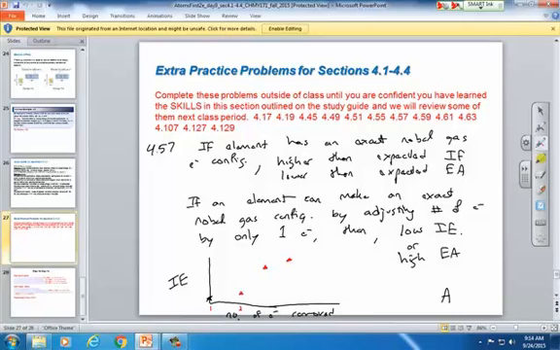So if you're on a horizontal row, all the elements in that row have their valence electrons in the same energy level. And so I just pick any row, go to the left of the row, and that number tells me what energy level the outermost electrons are in.